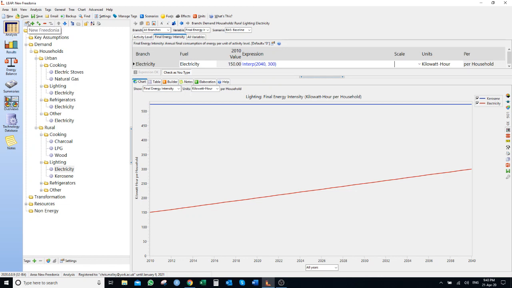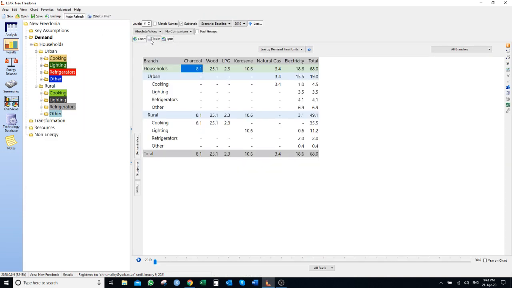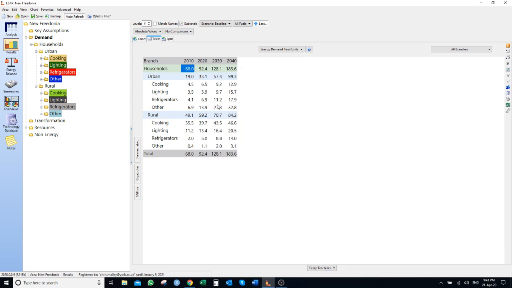So if I then click Save and click on Results, I can look again at my table to make sure that I have the correct energy consumption. So if I look at the second table on page 18, to create that table, now my columns are not the fuels, they are the years. So I'm going to put every 10 years here.